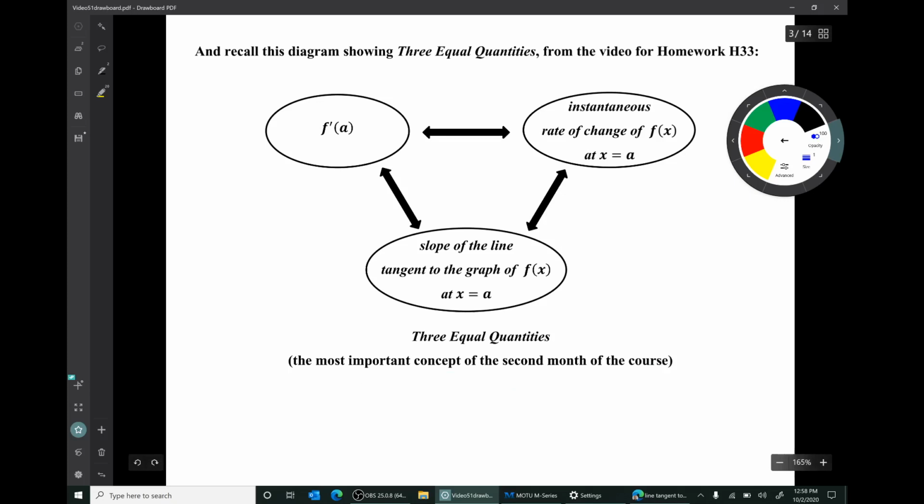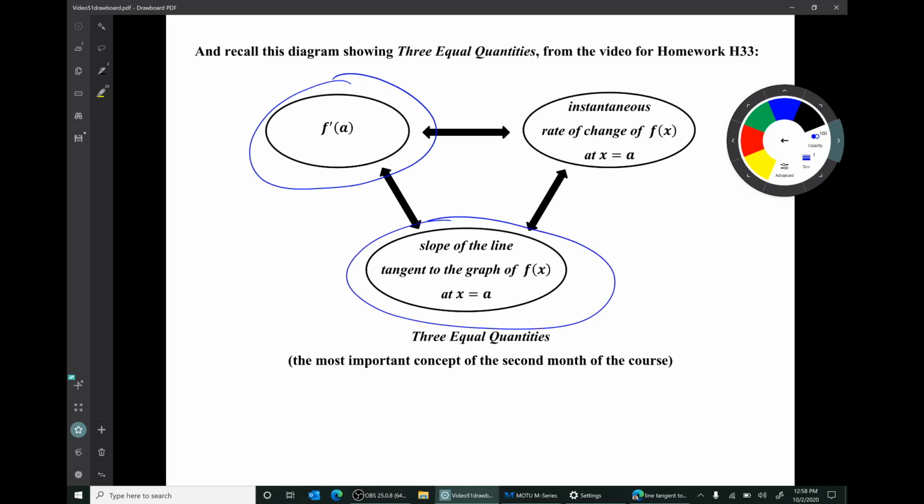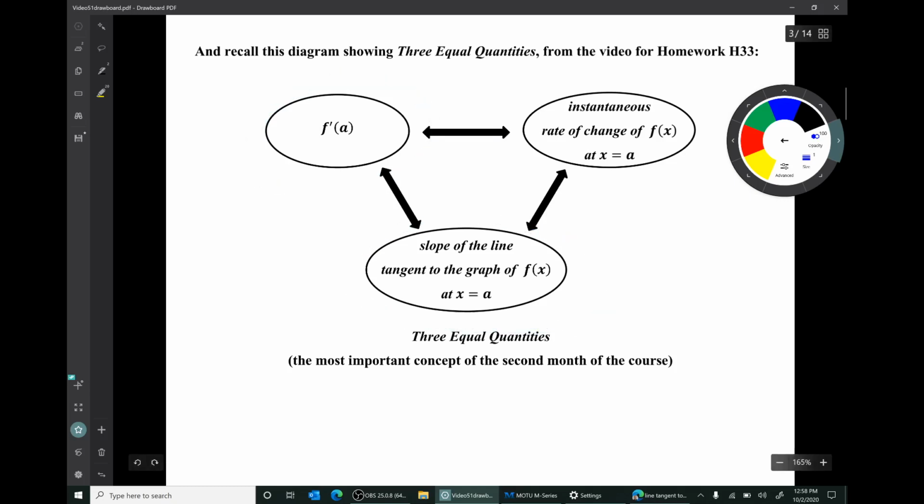The idea is this: the expression f prime of a, the value of the derivative of f at x equals a, is related to two things. It's the number that's also the slope of the line that's tangent to the graph of f at x equals a, and it's also called the instantaneous rate of change of f at x equals a. Both those concepts, the average rate of change and instantaneous rate of change, are going to come up in the video today.